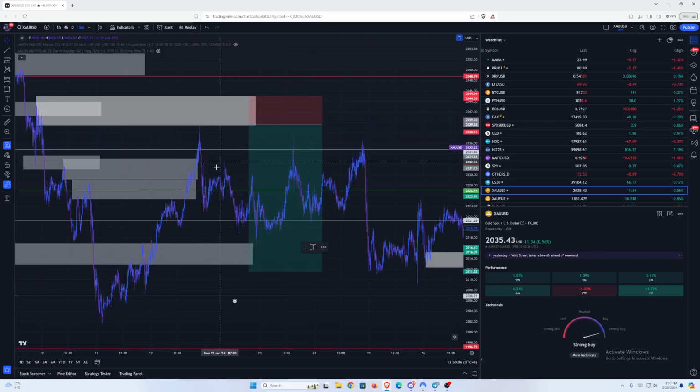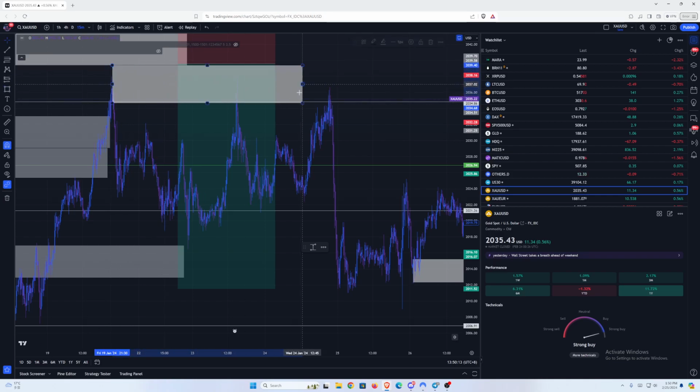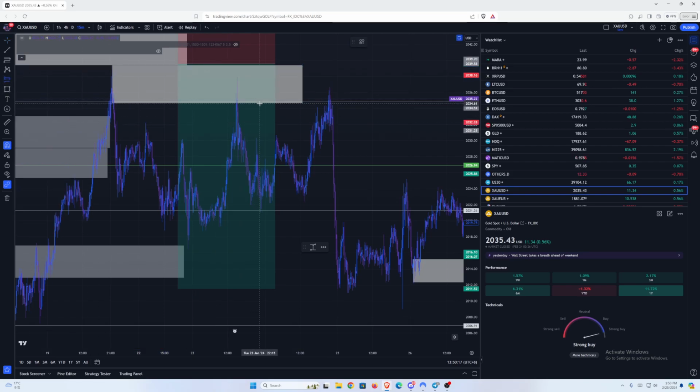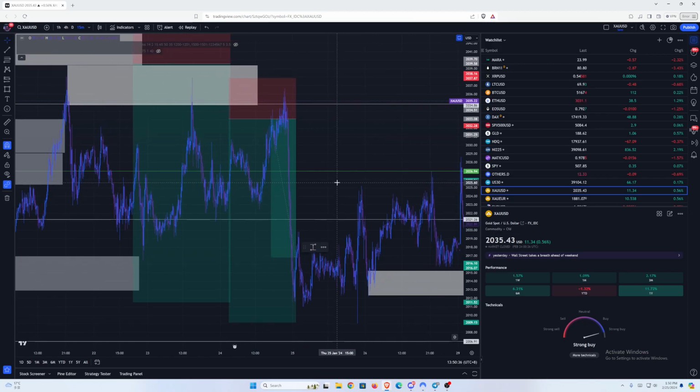Okay, so you got 3% in here and you mark this level once again, get back in here, start position. One to five risk to reward ratio. Wait a minute. Somewhere in here. Yeah, 1 to 5 risk to reward ratio.